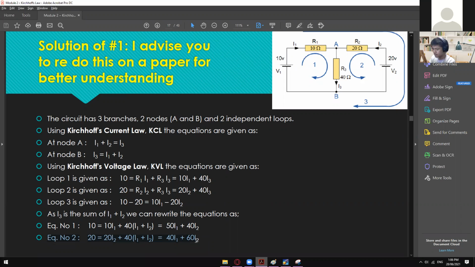Just go over on that one, and then you'll be given a choice: simul equation, and the other one is polynomial. So just choose the simul equation, and then you will choose how many unknowns you have on that equation. Since we only have two unknowns, I1 and I2, I will choose two unknowns, and then it will give you this.